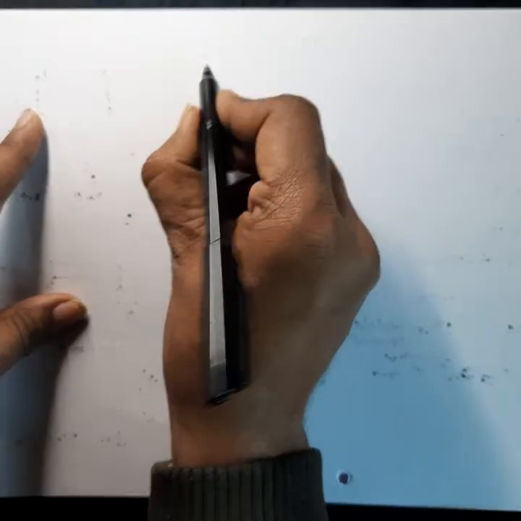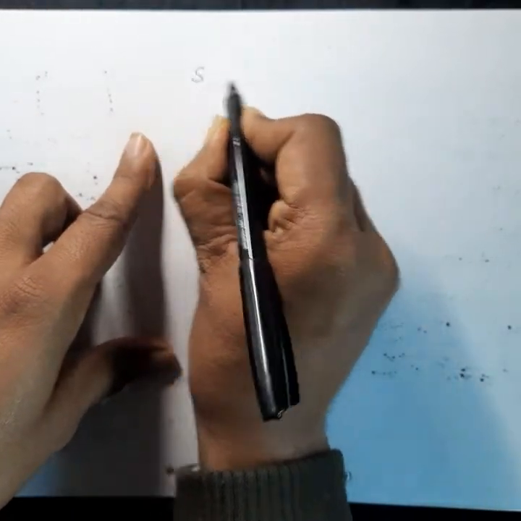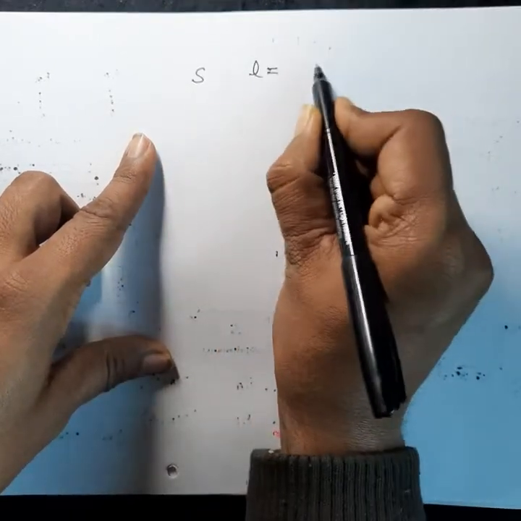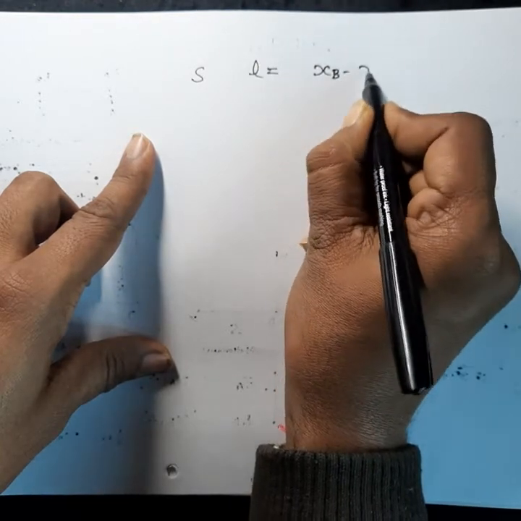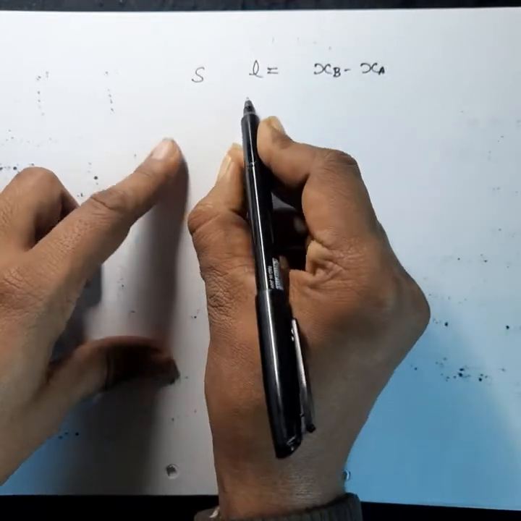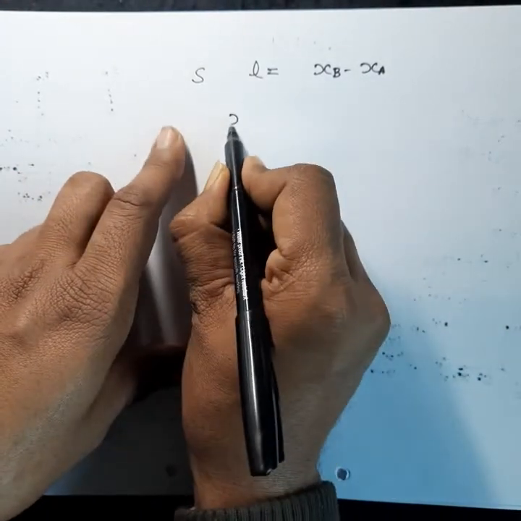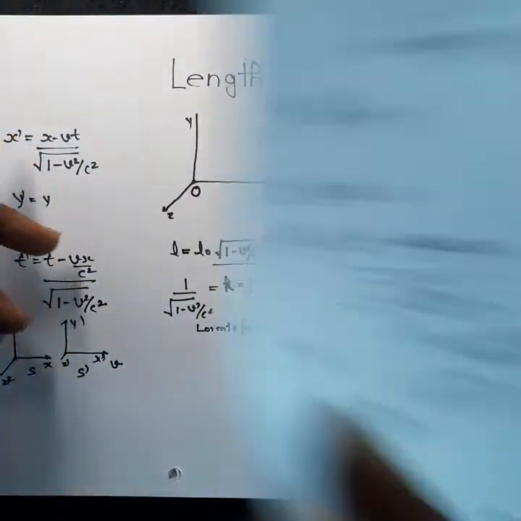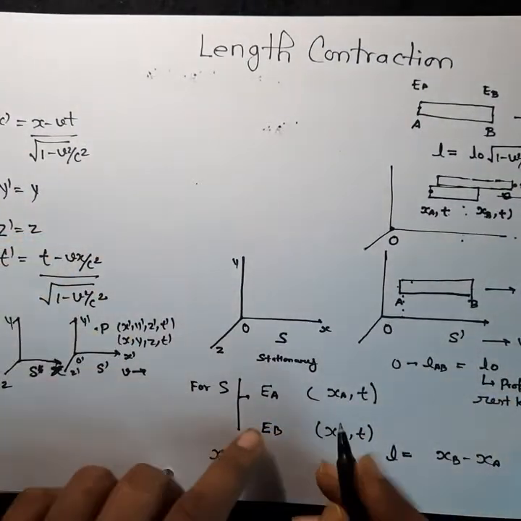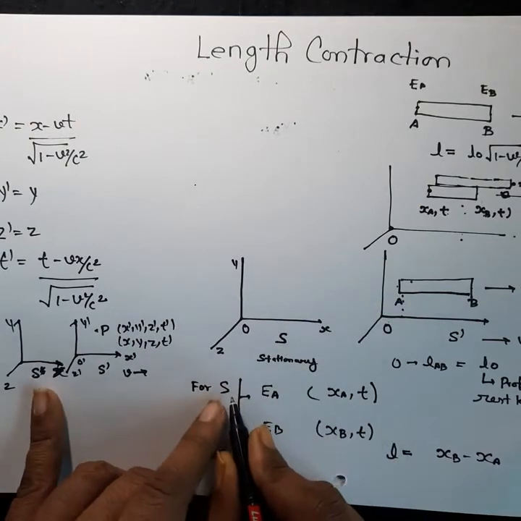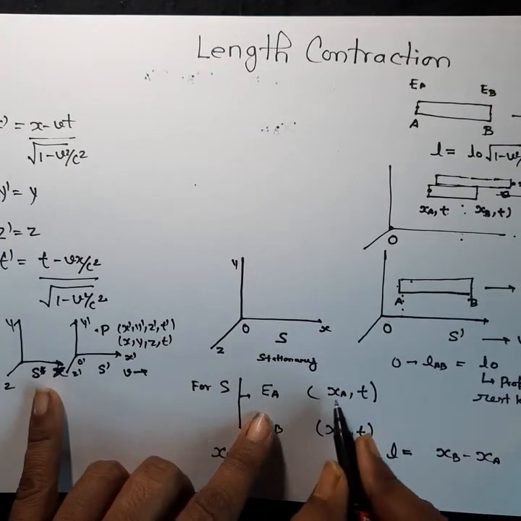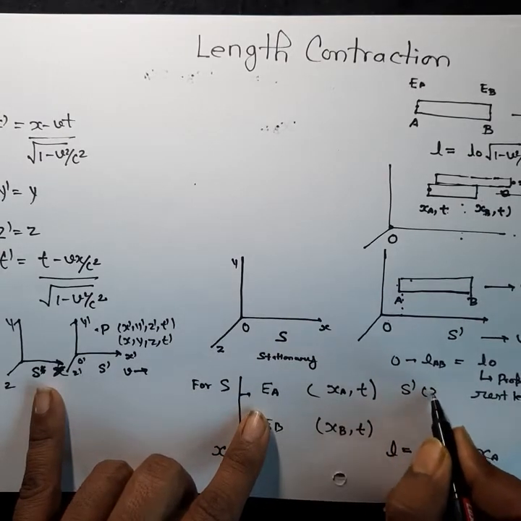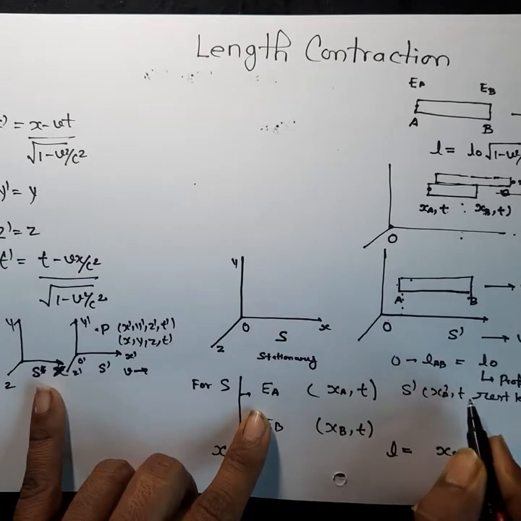So the length of the rod in the S frame of reference will appear as L is equal to xb minus xa. But using the Lorentz transformation equation, what I want to say here again is that for this event, in the S frame of reference the coordinates were xa and t, but for the S dash frame of reference the coordinates will be xa dash and t1.